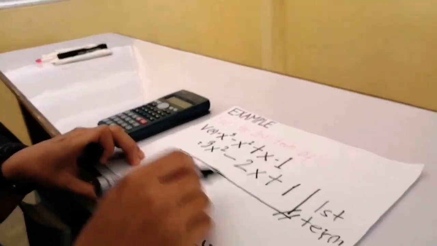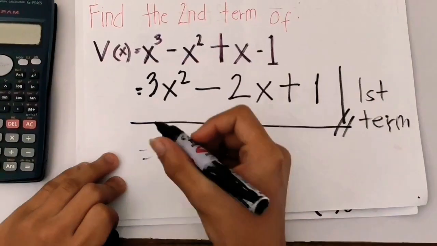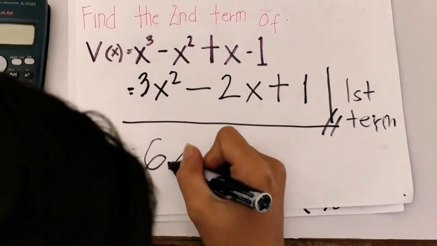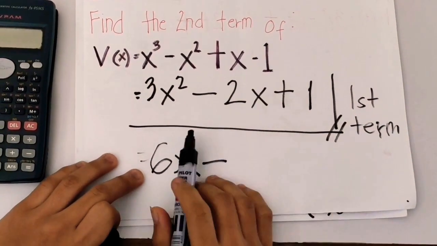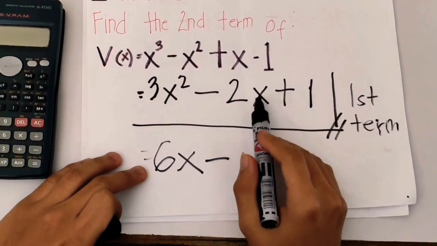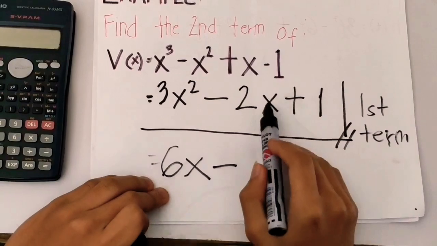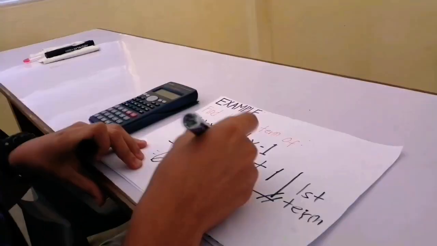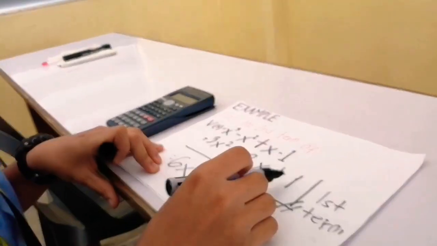Next, we will find the second derivative. 3 times 2 is equal to 6, minus 2 times 1, and we all know that x has an imaginary 1, so that's why it's equal to 2. And the number is constant, so it will automatically cancel. So this is our final answer.